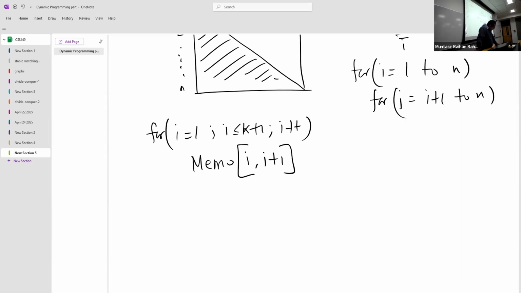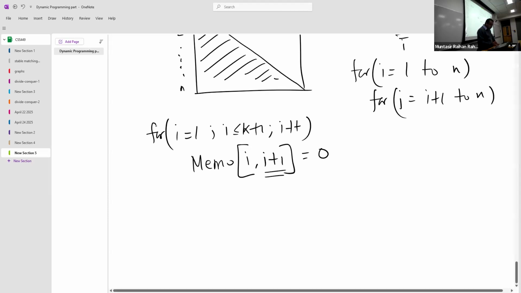When I do this, I'm going to initialize this as 0, and what I mean by that is this right end is one more than my range. So in this case you just have one matrix, so you don't have any multiplication to do. That's just for convenience.